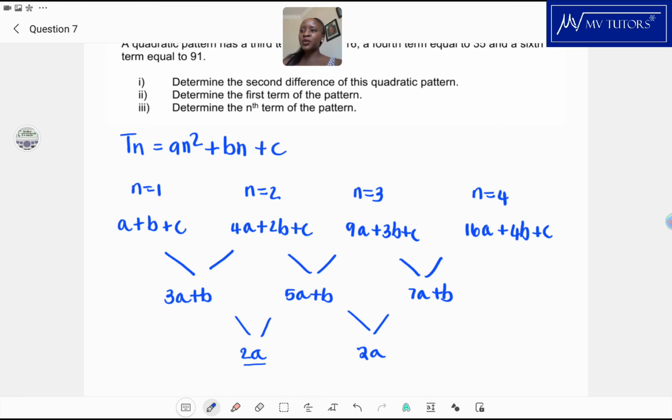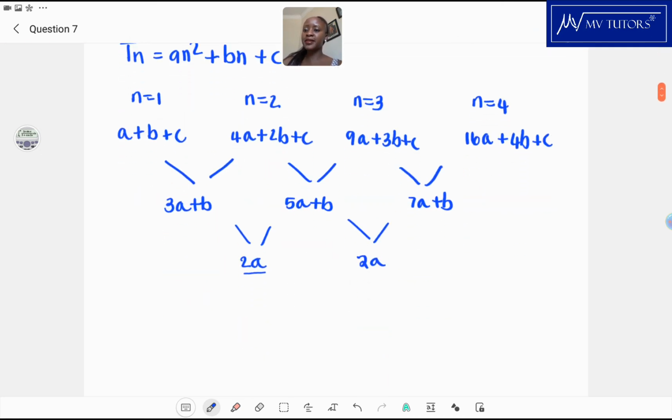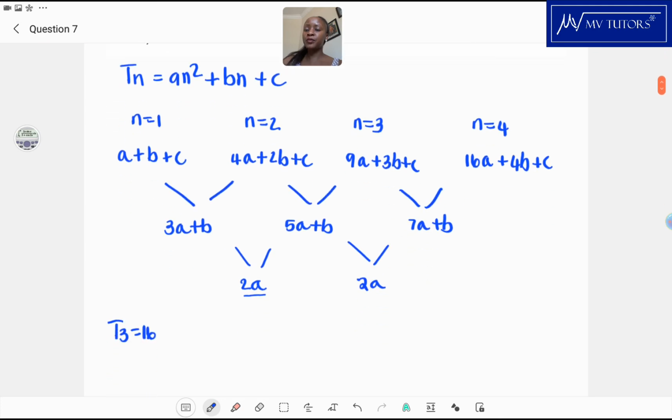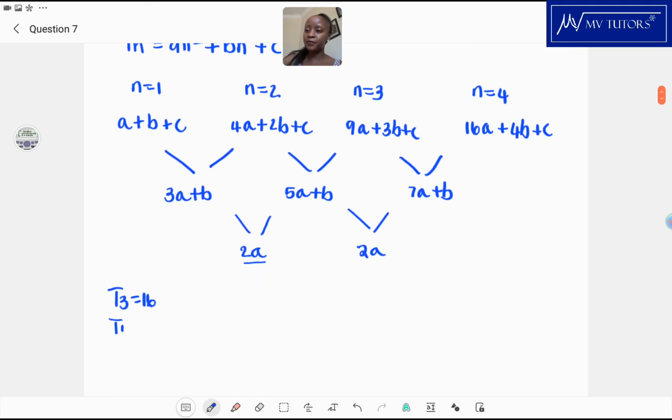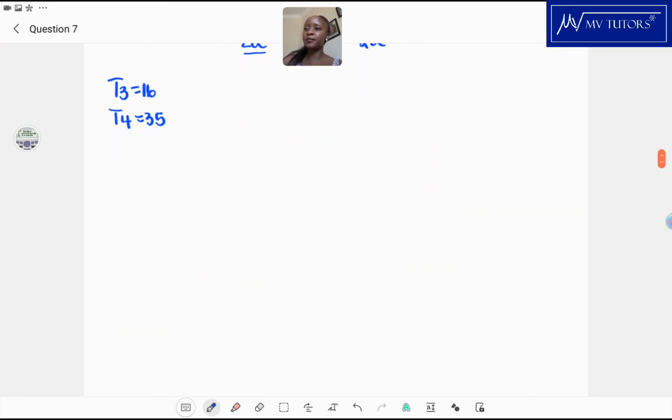But guys, what do we have here? They told us that the third term is 16. So T3 is 16. The fourth term is 35. And then the sixth term is 91. All right, let's see. I'm going to start with T3.